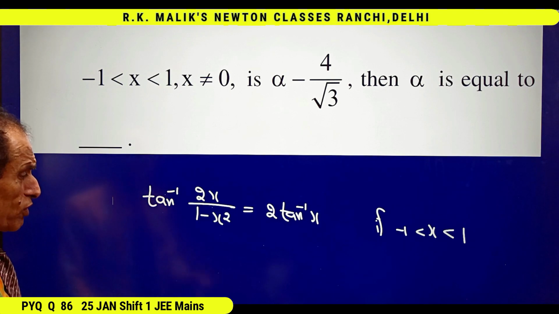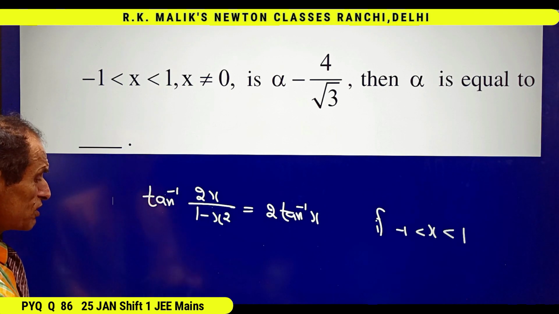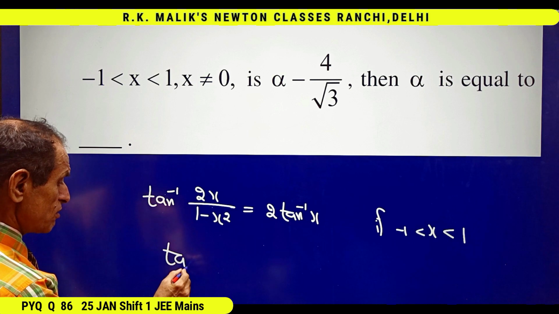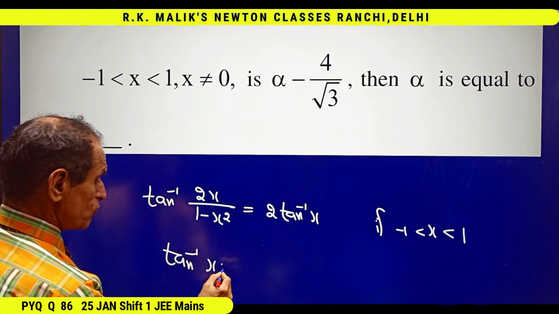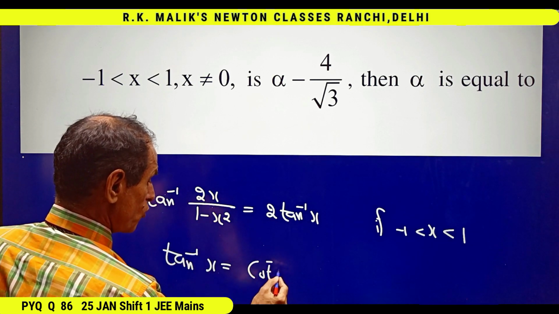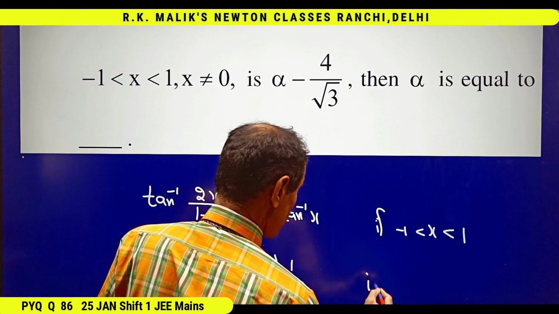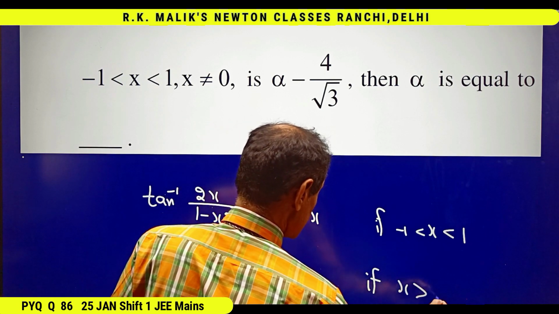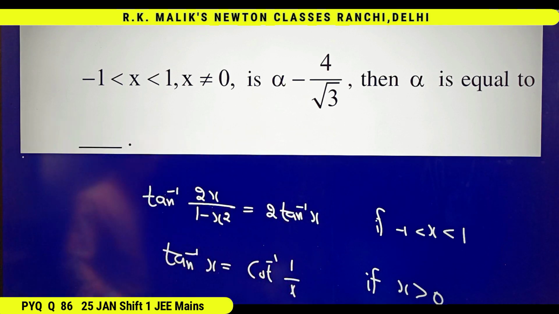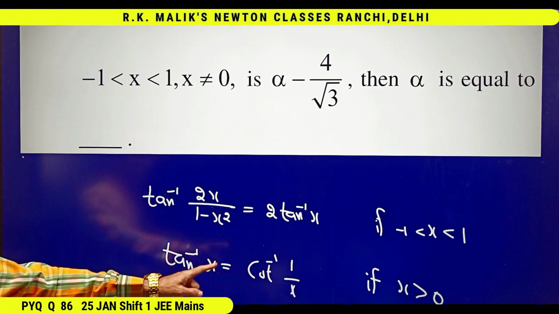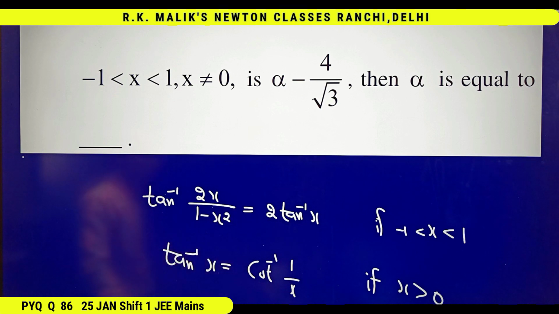And second point to be noted in the solution of this question is tan inverse x equal to cot inverse 1 by x. This formula is valid only if x is greater than 0, or cot inverse x equal to tan inverse 1 by x. This is valid only if x is greater than 0.